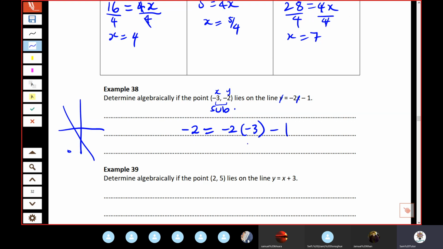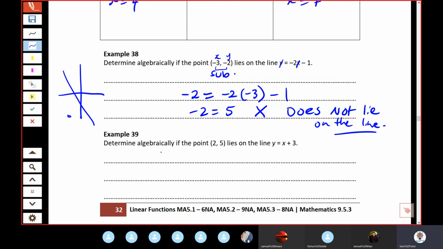If the left-hand side equals the right-hand side, then it's true. The right-hand side gives me 2 times 3 is 6. 6 take away 1 is 5. Does -2 equal 5? It does not lie on the line. Again, this one here, 100% will be in your exam. They ask this pretty much every single year. So all you've got to do is just sub it in.